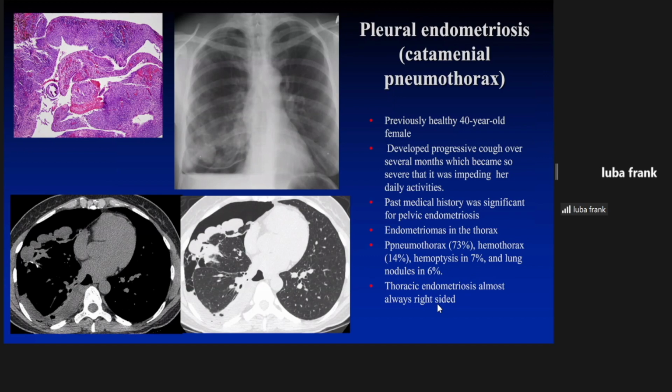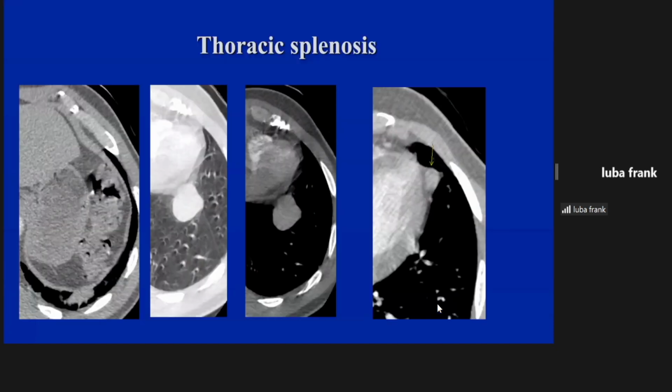So in other entities, thoracic splenosis, and it does look like solid, non-calcified nodules that can be seen along the pleural surfaces and in the parenchyma as well, and in the diaphragm as well. So we're looking for splenectomy, we're looking for a history of prior trauma, and we're looking for no spleen or fractions of spleen or abnormal appearance of the spleen.